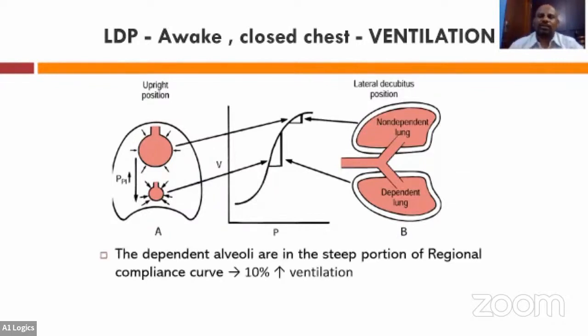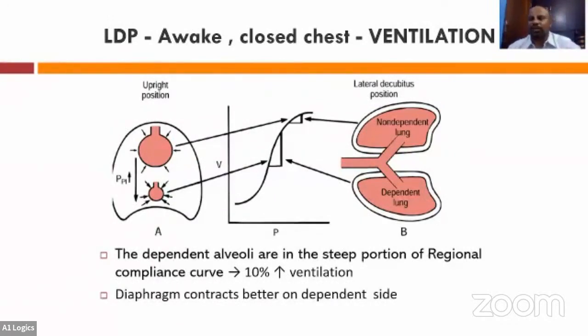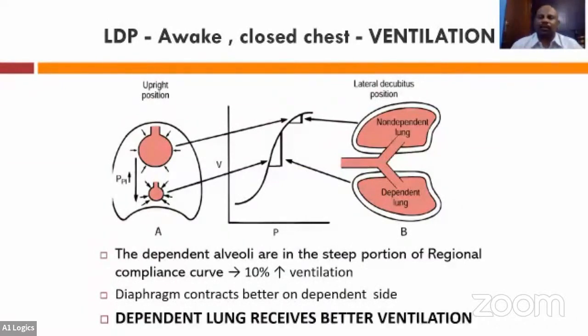Dependent alveoli go into the steep portion of the regional compliance curve, and there is a 10% increase in ventilation to that dependent side. Also the diaphragm contracts better on the dependent side, and on the whole, the dependent lung receives better ventilation when a person assumes the lateral decubitus position, awake with his chest closed. So you have to remember that whenever a person lies down, the lower lung will get better ventilation.